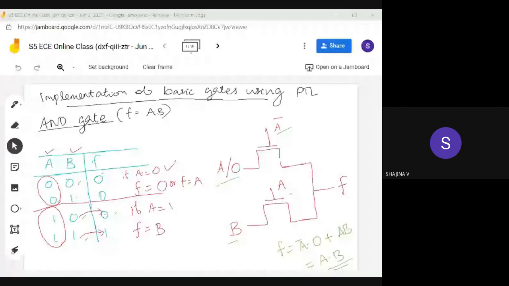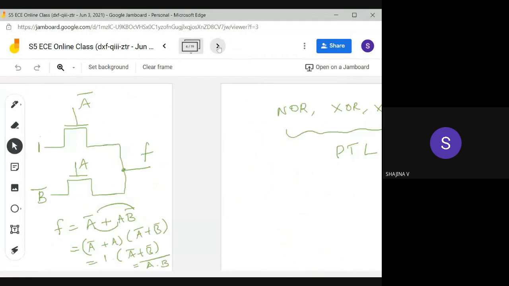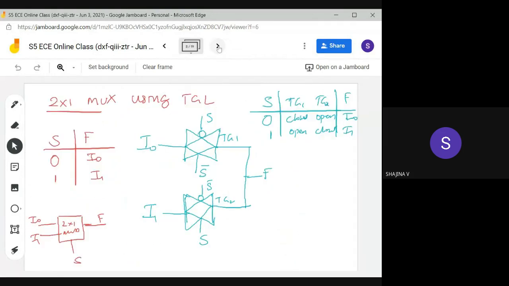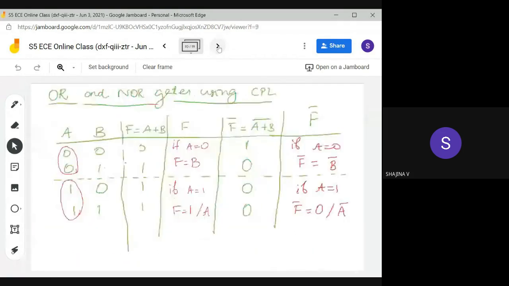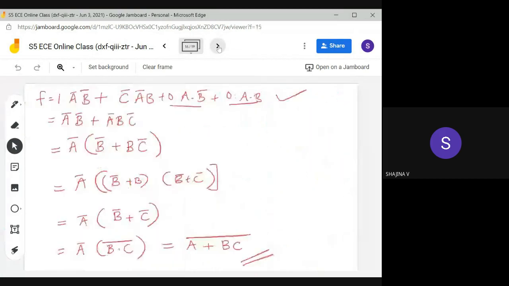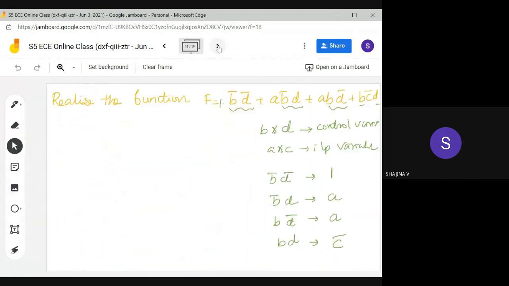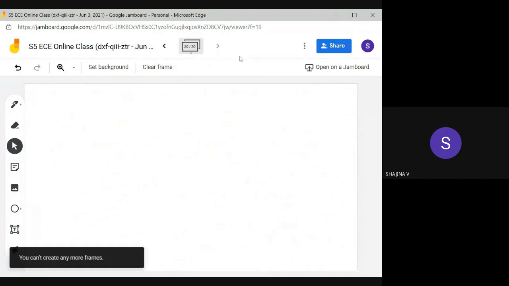Implement full adder using PTL. So, full adder. Full adder truth table.